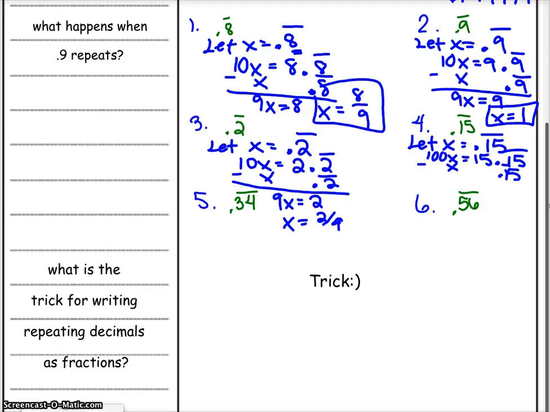I take an x away because that's taking the pattern away. It's making that infinite number finite. It's taking that decimal out. 99x is equal to 15. X is 15 over 99. Now simplify. Divide them both by 3, and what's that? 5 over 33.